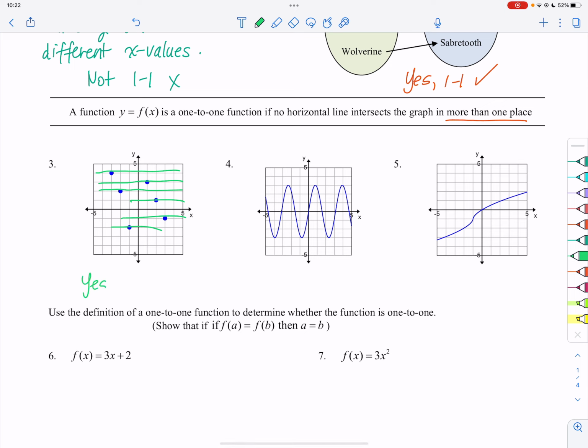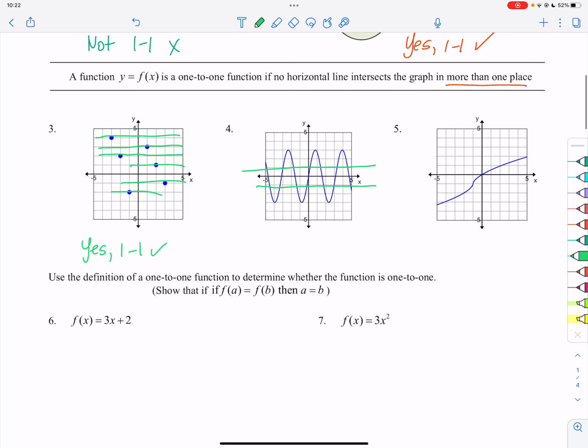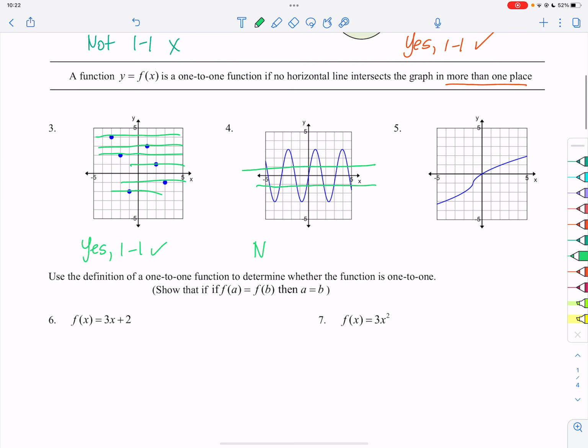So yes, we have a one-to-one function. Now, this single horizontal line intersects the graph in many different places. So this is not one-to-one.